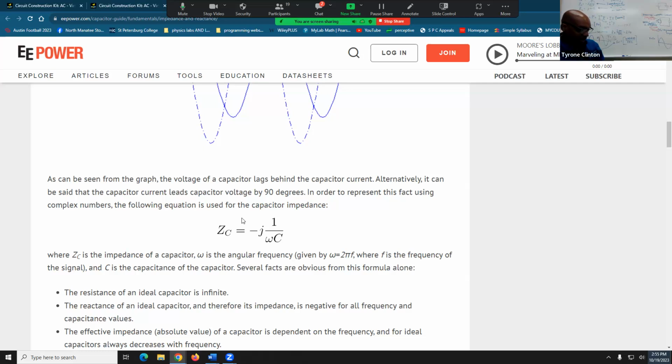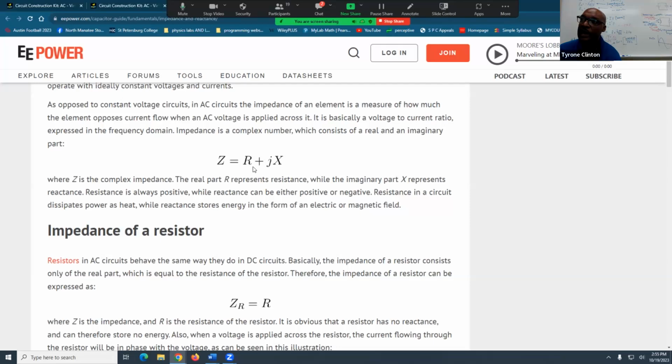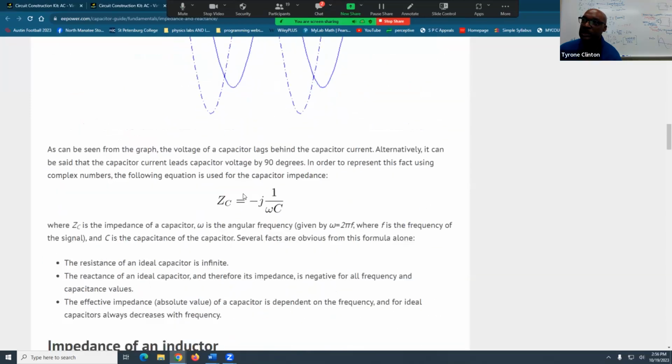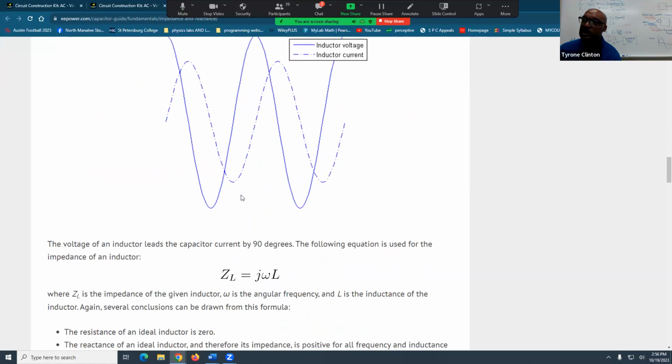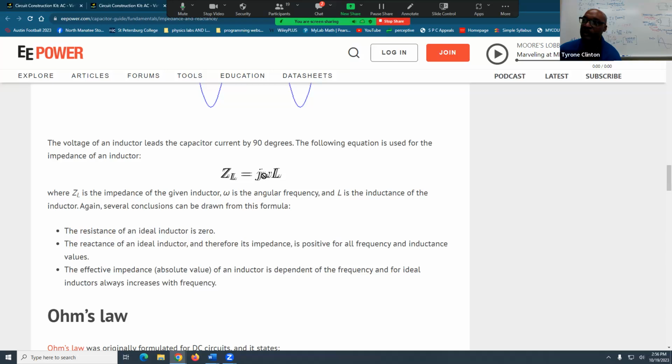Just remember that the resistance part, which is this R value, that number is always going to be positive. And then here's just another fancy way of writing the impedance of an inductor.